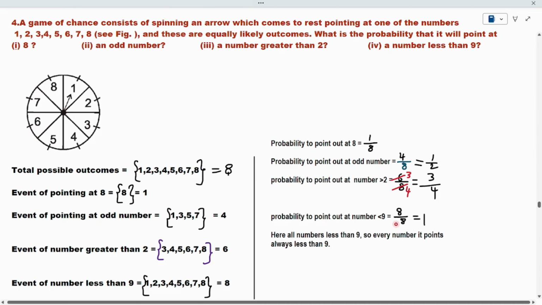By simplifying, we get the probability is 1. A probability of 1 means there is a 100% chance of happening. Here the condition is a number less than 9, and all these numbers are less than 9. So whenever it stops, it must stop on a number less than 9. So there is a 100% chance.